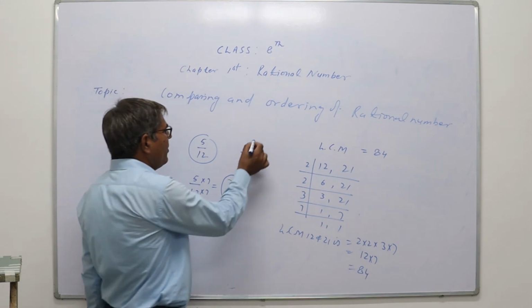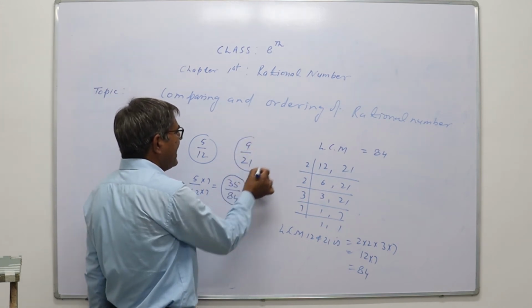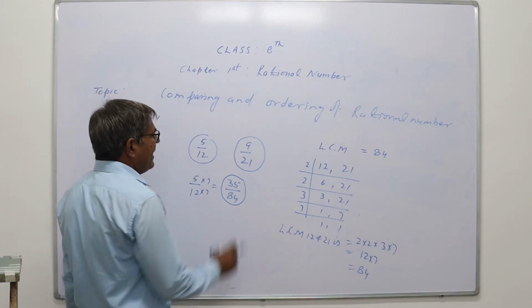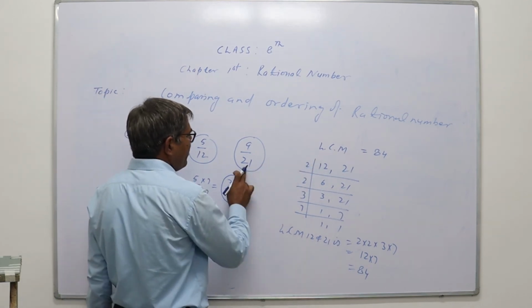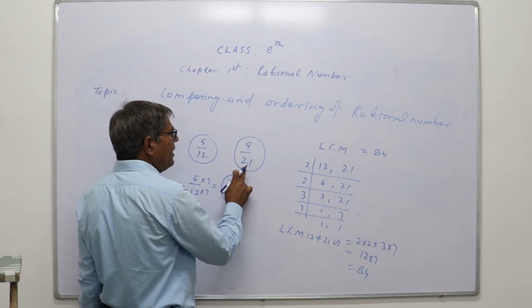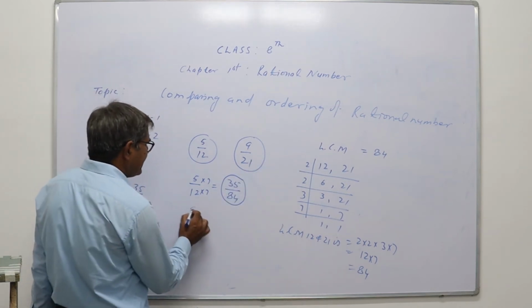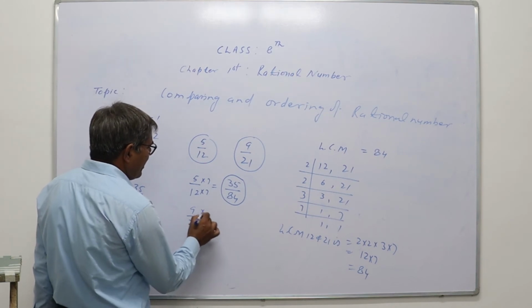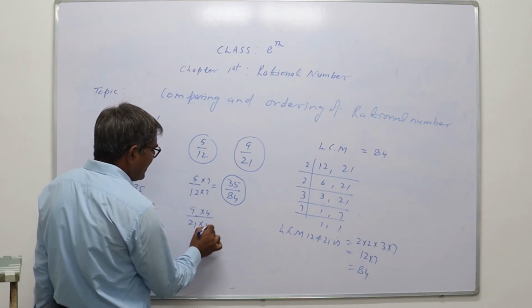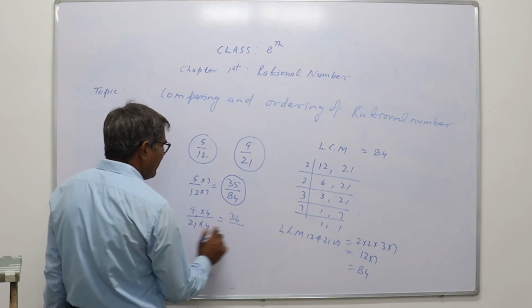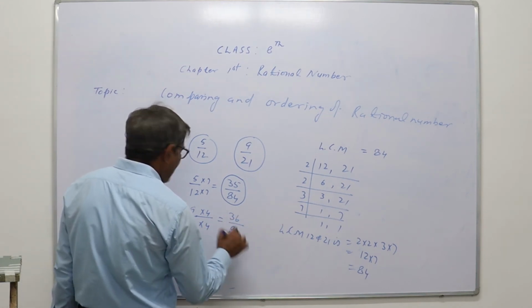Similarly, to make the denominator of 9 by 21 the same, we will divide the LCM 84 by 21. The quotient is 4, and now we will multiply 9 upon 21 by 4 in the numerator as well as the denominator. So 9 fours are 36 and 21 fours are 84.